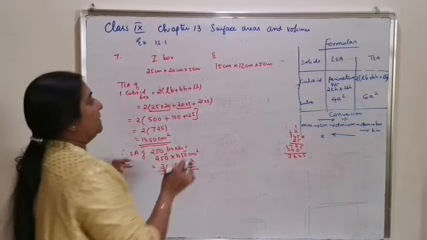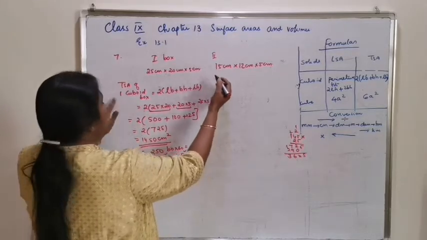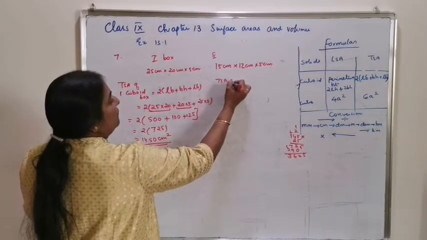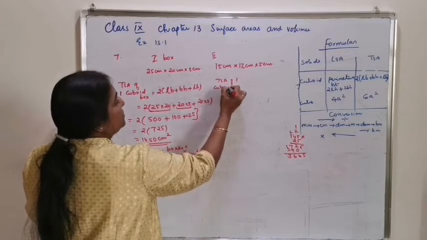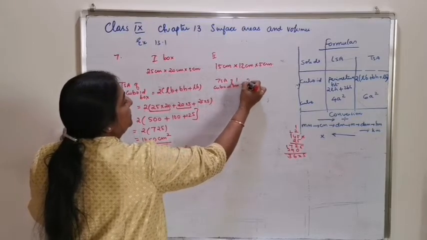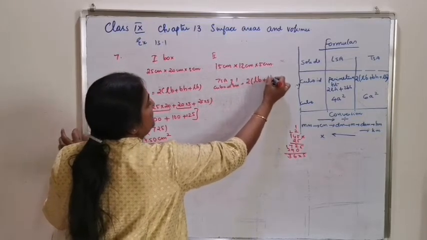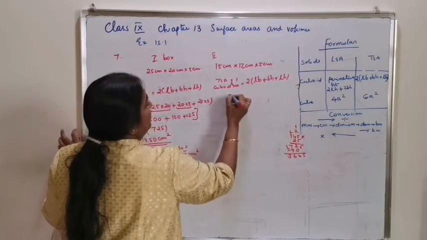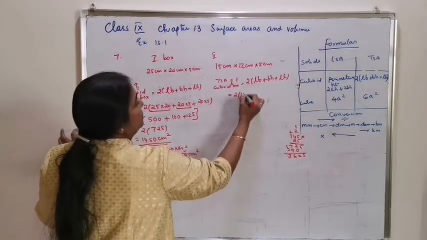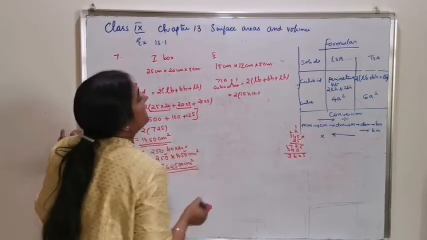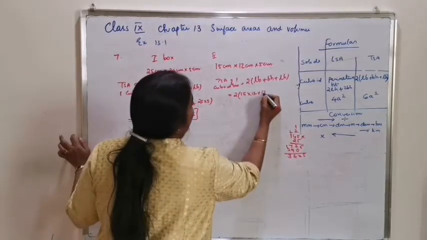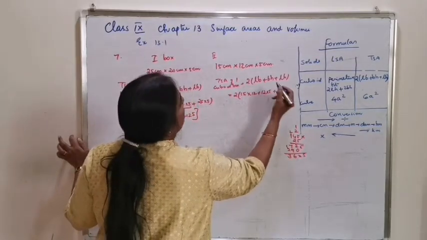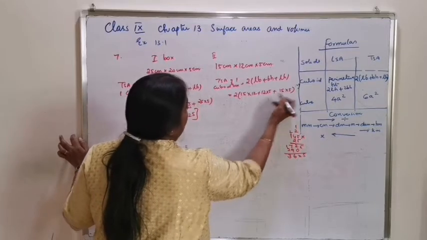Now, what will be the TSA of one cuboid box of the second kind? It is equal to 2 times (LB plus BH plus LH), which is 2 times (15 into 12 plus 12 into 5 plus 15 into 5).